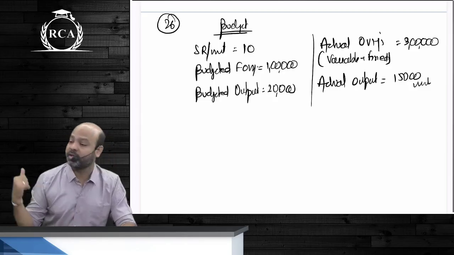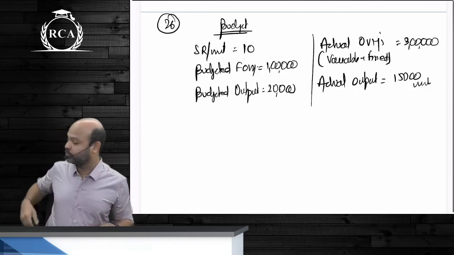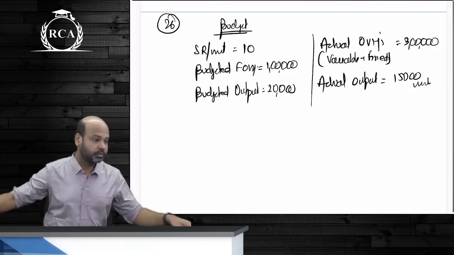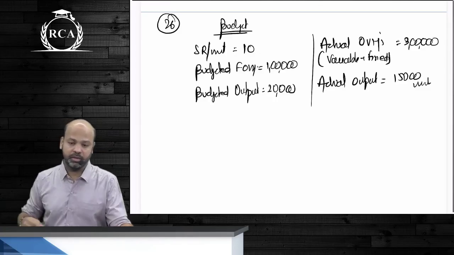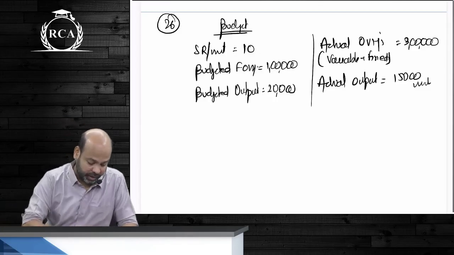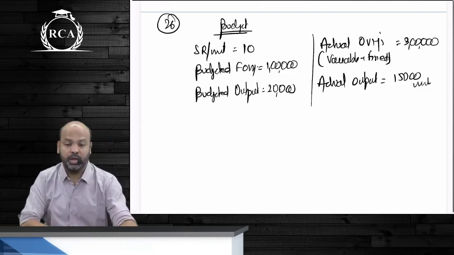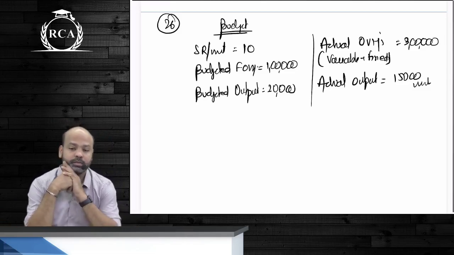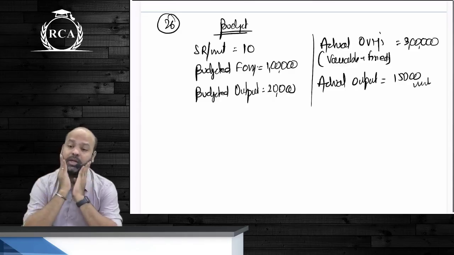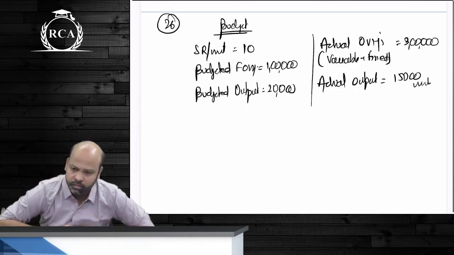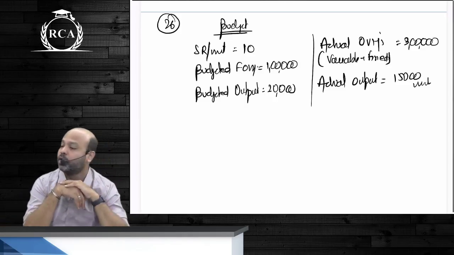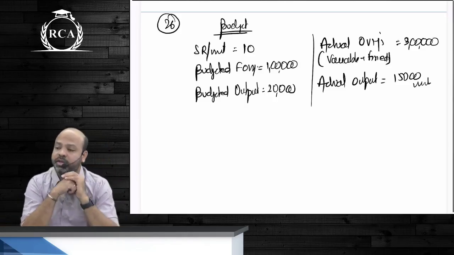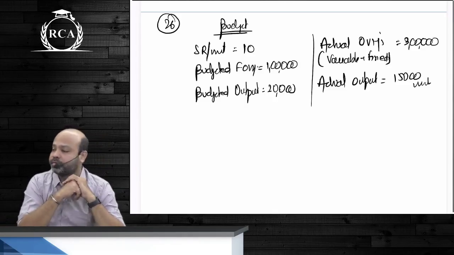Yes, but are we all done with this? As details of time are not given, we won't be able to compute variable overhead efficiency and expenditure variance separately.